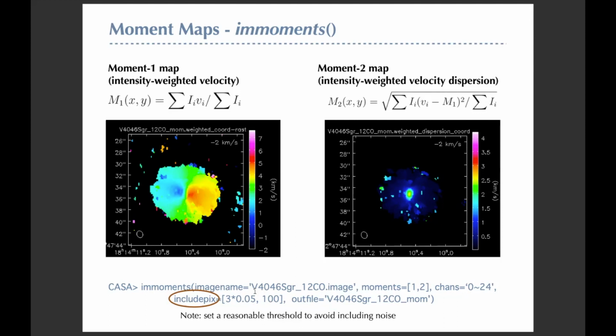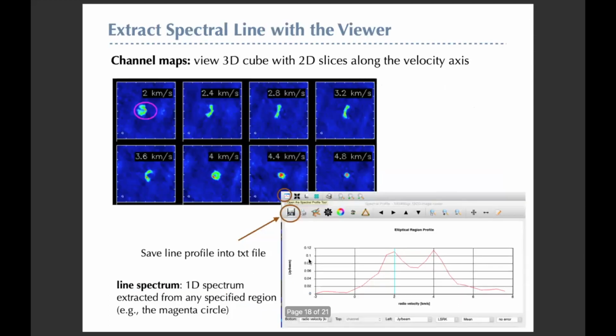In cases of complicated velocity fields, where both emission and absorption are present, the interpretation of the moment maps can be quite tricky. So in such cases, viewing the channel maps would be more helpful.